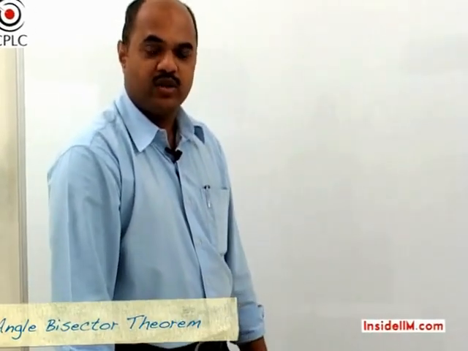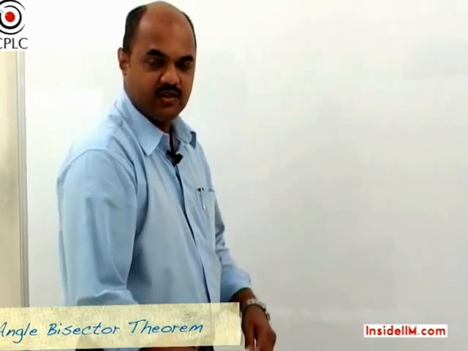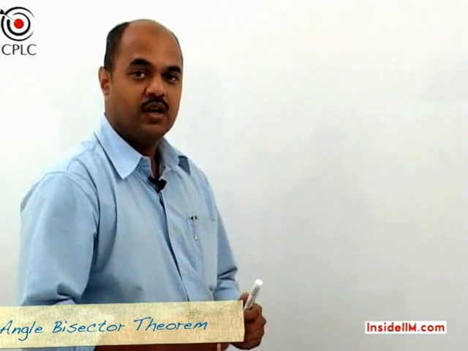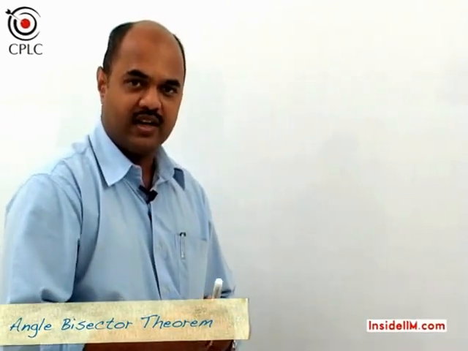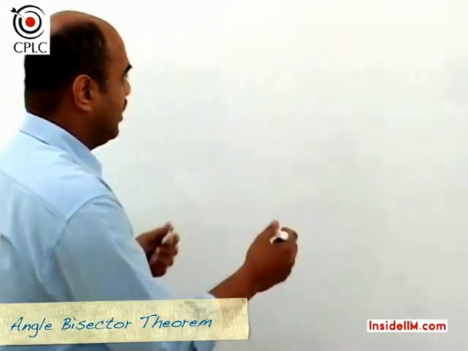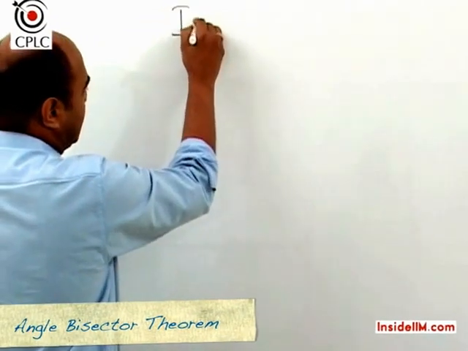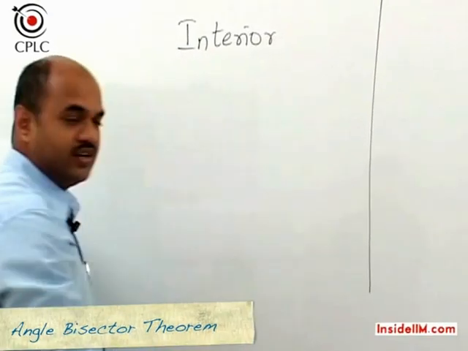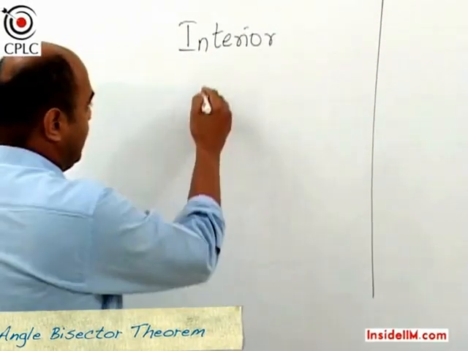Finally, let's look at what is known as the angle bisector theorem. Now, the angle bisector theorem would be considered in two different parts. One is what is called the interior angle bisector theorem, and the other one would be the exterior angle bisector theorem. So let's first look at the interior angle bisector theorem.